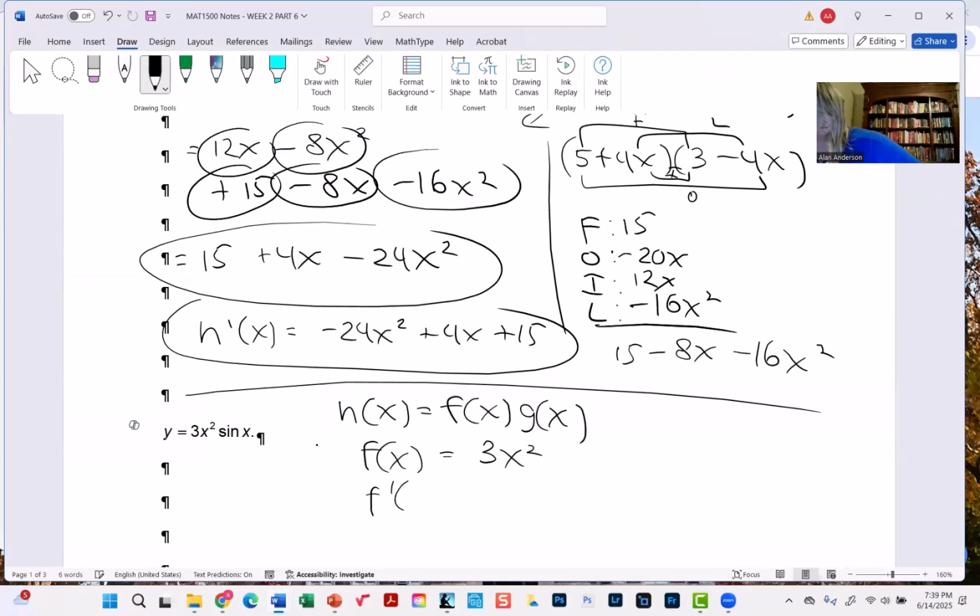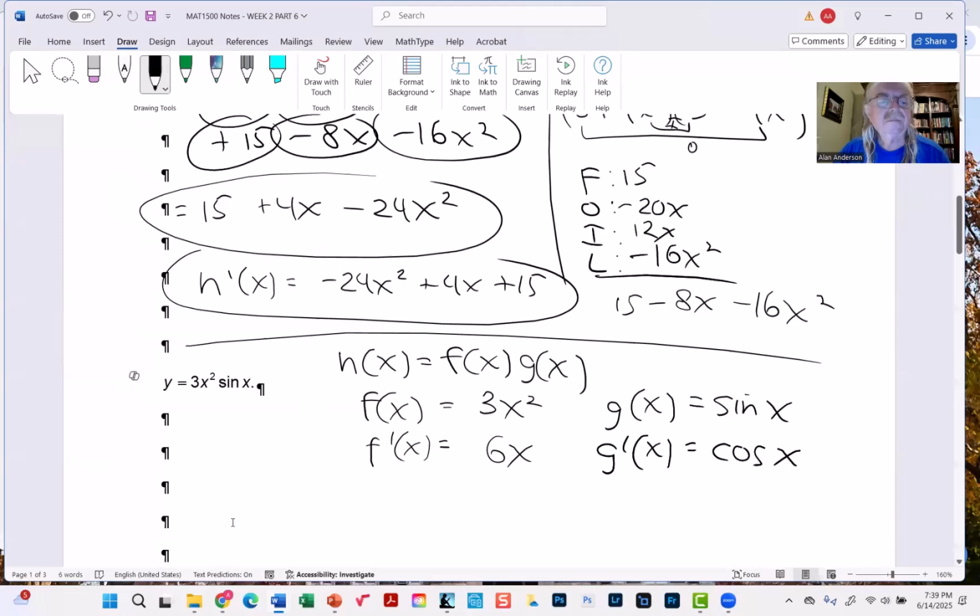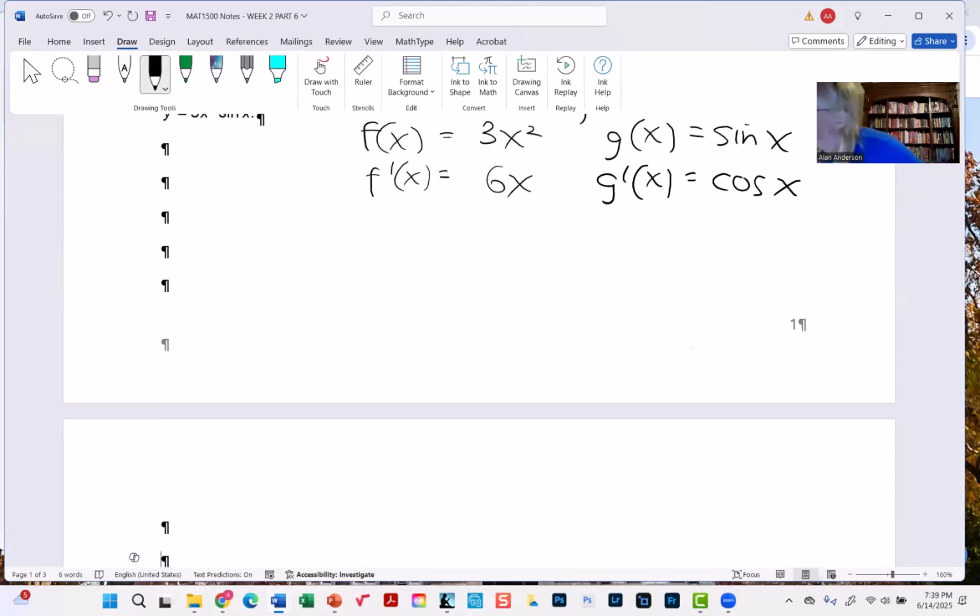F prime of x, based on the power rule, would be 6x. G of x is sine x. And g prime of x is cosine x. Right? So remember, the rule is f of x, g prime of x, plus g of x, f prime of x. All right, so now we just substitute.